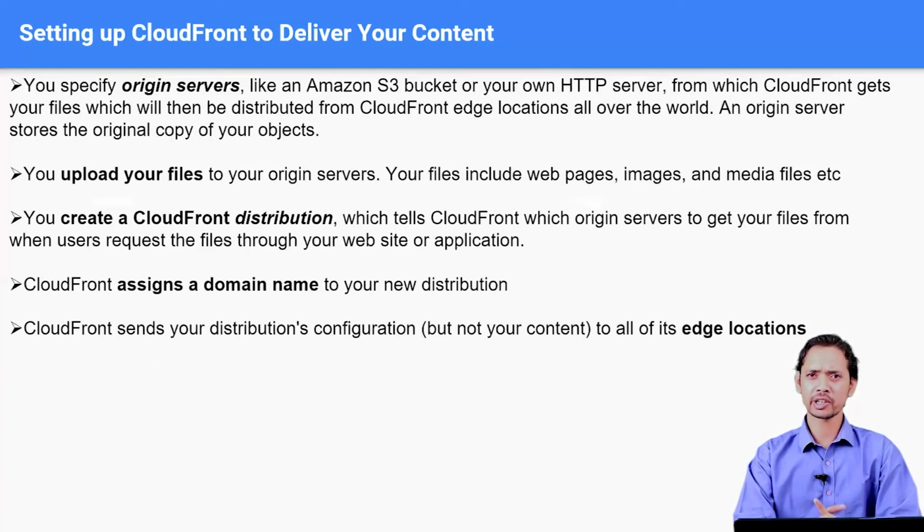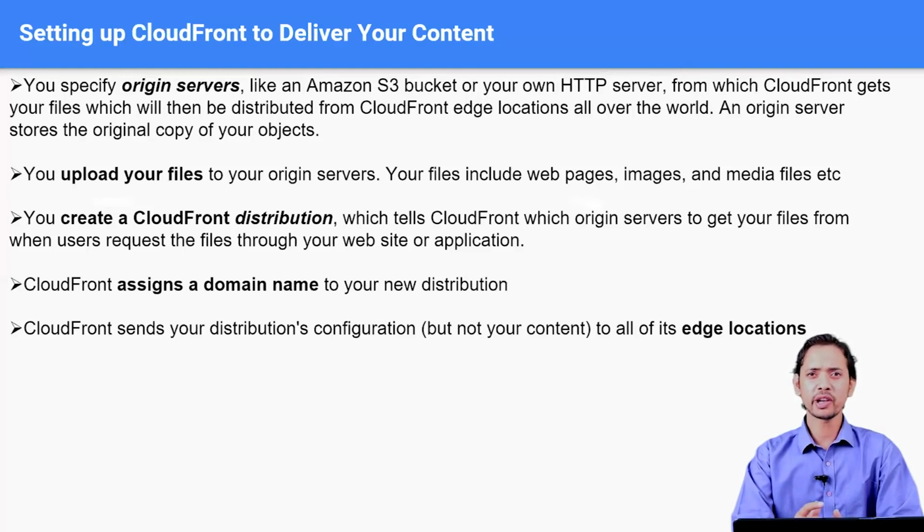From a developer's perspective, what are the steps you need to do? As a developer, you need to first put all your web content on an S3 bucket, or if you're using a web server, then you can upload it there. Then you create a CloudFront distribution where you'll be providing a lot of configuration about who is the origin, whether it's an S3 website or a web server or any other service.